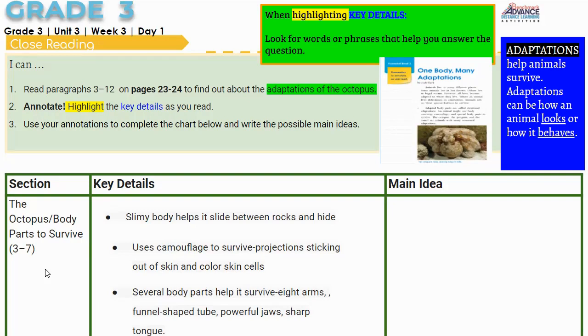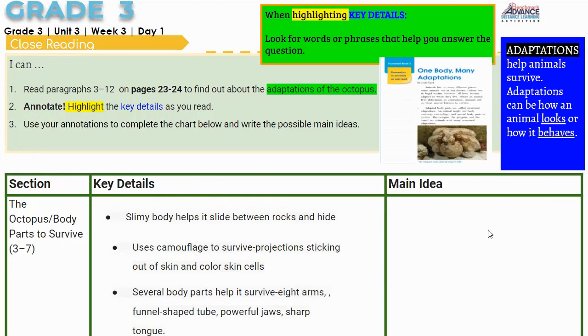Now that I have transferred my key details to my chart, I need to think about, what was this section I just read mostly about? Well, for one, I know that it was mostly about its adaptations, right? So it talked about adaptations and how it helped it survive. We read about its body parts, right?